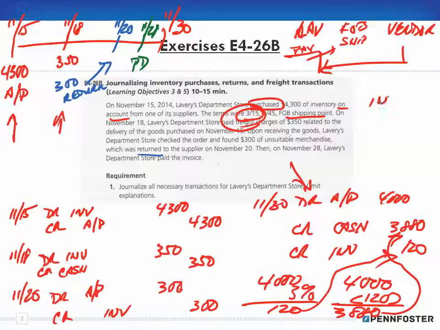So if I buy inventory and I have freight and I have discounts and I have returns and allowances and I have tax, they all go into that inventory account, all right? Because I'm trying to figure out exactly what the cost of the inventory is. That's what goes into that inventory account.